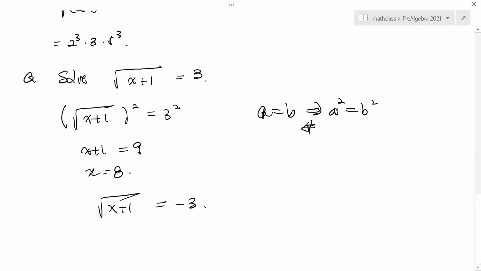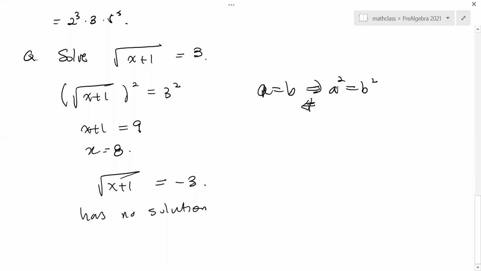If you square it, you're going to get a solution, the same solution, but at the very beginning you can already see that this has no solution. So if you square it and get a solution, that means you get more solutions, because one solution is more than no solution, right? This is just a simple example.